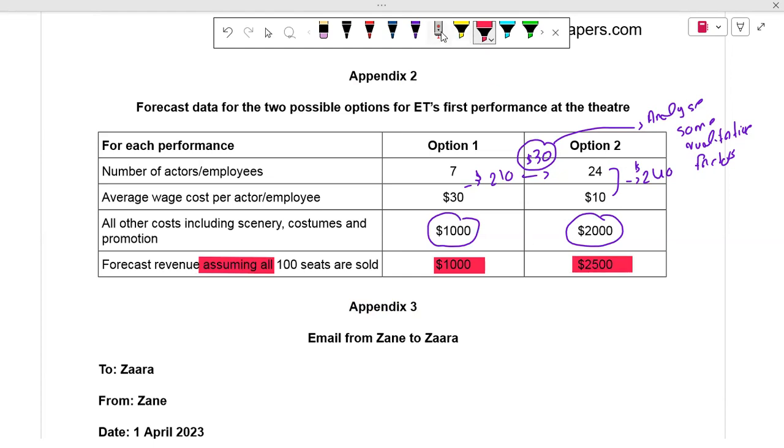Okay, so try to think like this. For example, if we are talking about option 1 and option 2, we have average cost, which is $210, and in option 2 we have $240, and other cost is $1,000, and in the case of option 2 it is $2,000.